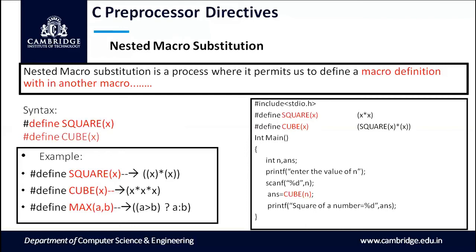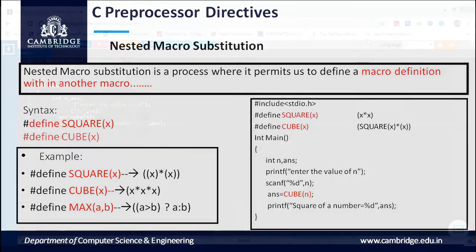So the value of x will be read. Answer is cube of x. So whenever cube of x is called, automatically as I defined in my program, cube of x will be called. So at the internal part, cube of x will be executed like square of x into x. So this is how the nested macro works in our C programming.